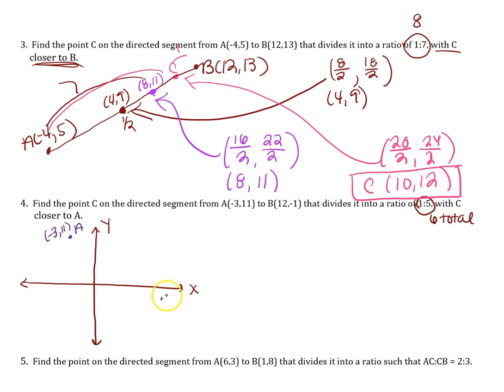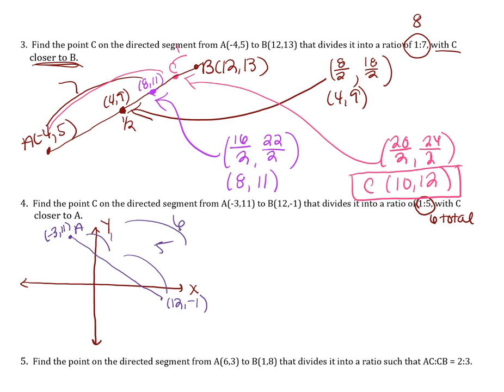I just need a general idea of where it is so that I know the direction of the segment. So I'm going to find C so that it's closer to A in a ratio of 1 to 5.